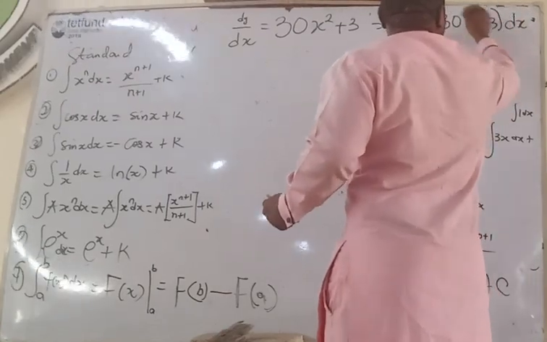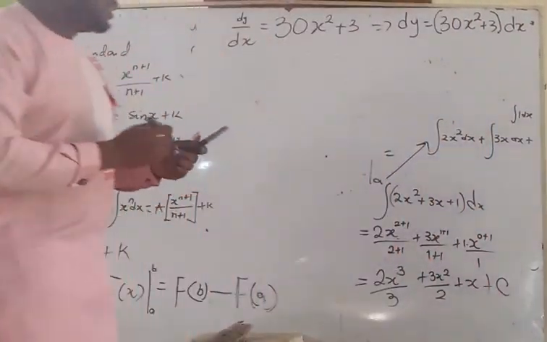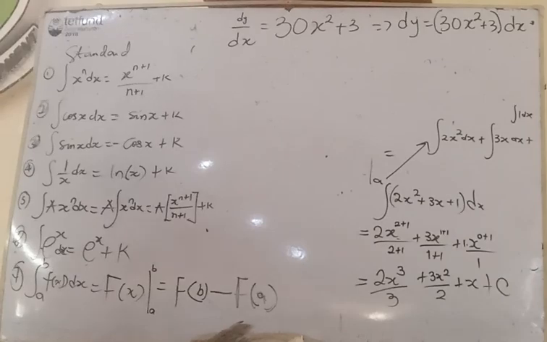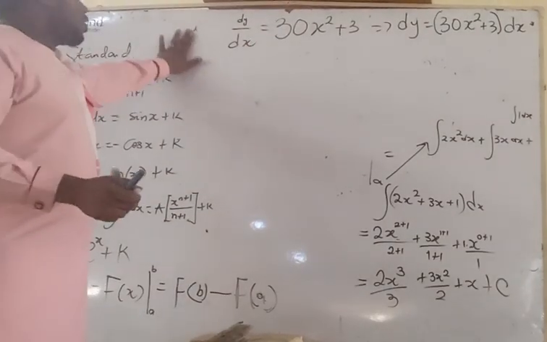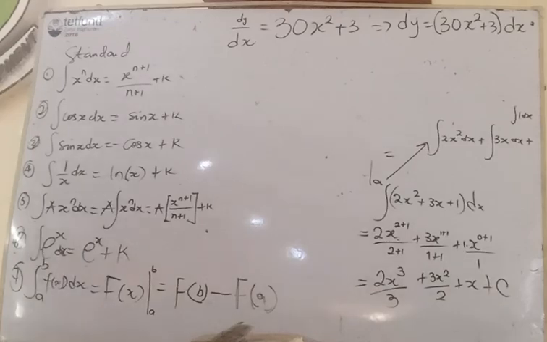Is this the same thing? All I did was cross multiply. I take dx to the other side.